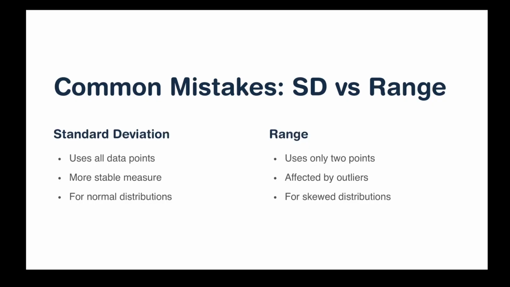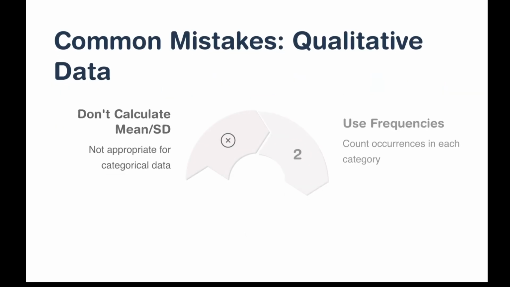Then standard deviation versus range: standard deviation uses all data points, so it is a more stable measure, and it is useful for normal distribution. Whereas range uses only two points, it is affected by outliers, and it is for skewed distributions.